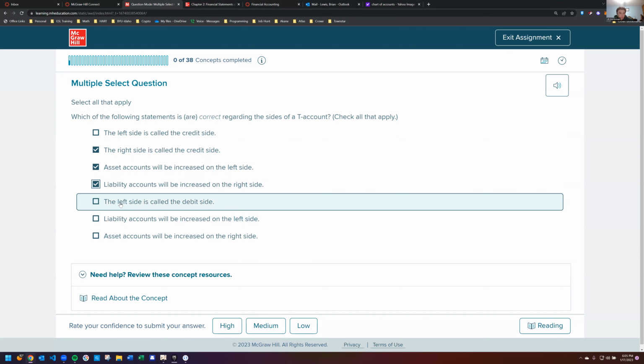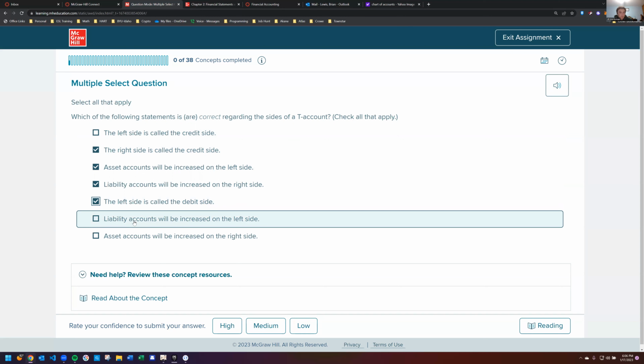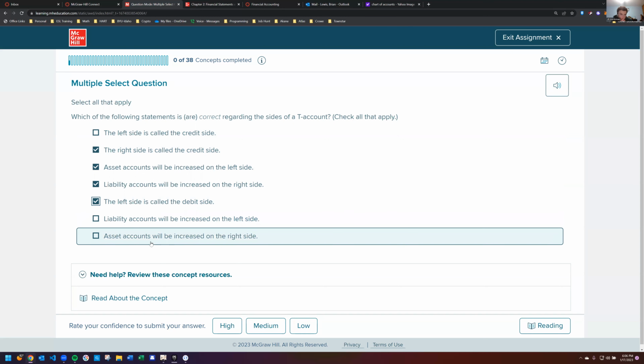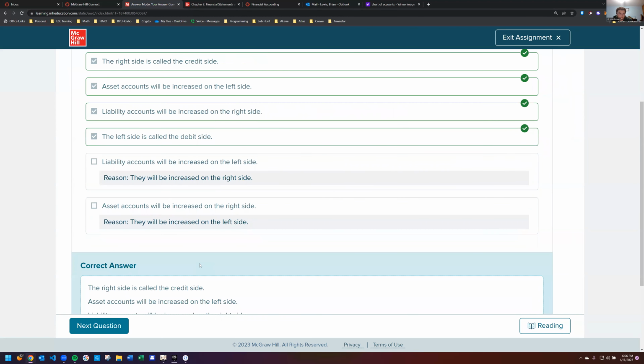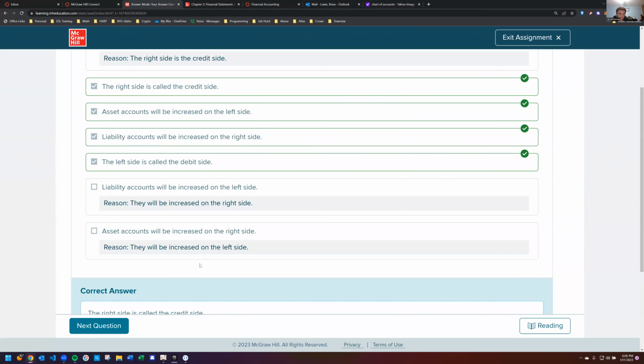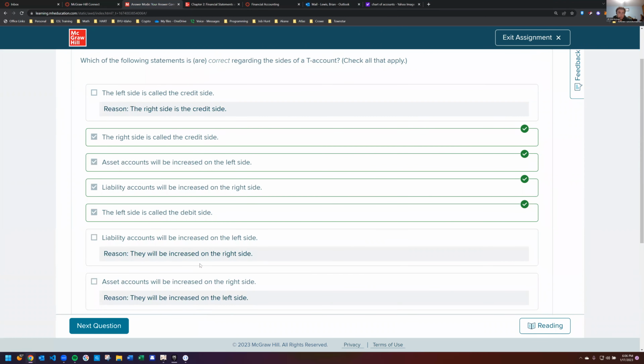The left side is called the debit side, correct? The liability accounts will be increased on the left side. That's not correct. Asset accounts will be increased on the right side. That's not correct. So I'd say high. What did I do? Did I do that right? Correct? Reason, the right side. Okay, I think I got it all right. It does say I got it.